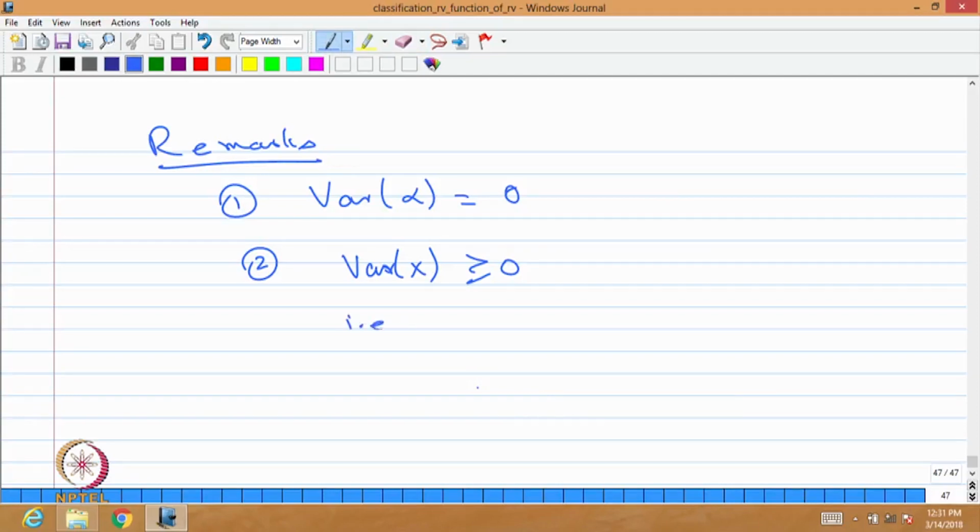That is, the expectation of (x minus mu) the whole square is always greater than or equal to 0. This you can say by using the remarks on the expectation.